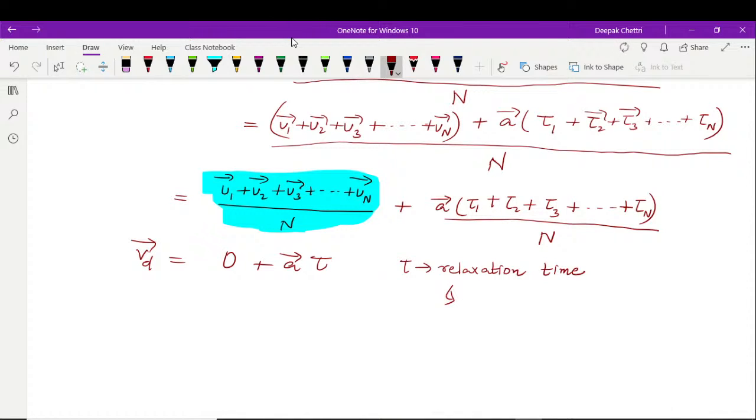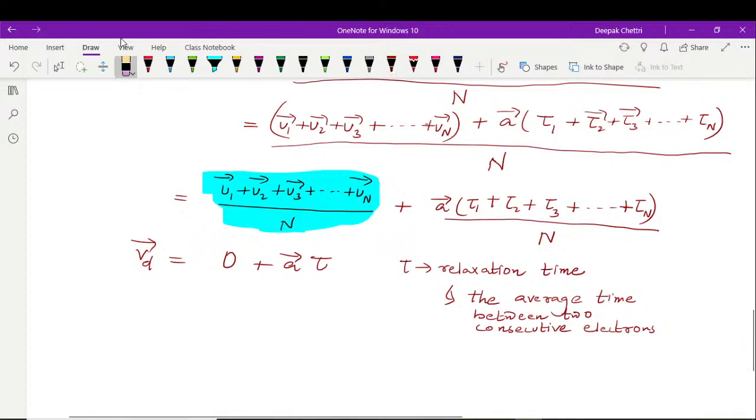It is the average time between two consecutive collisions.